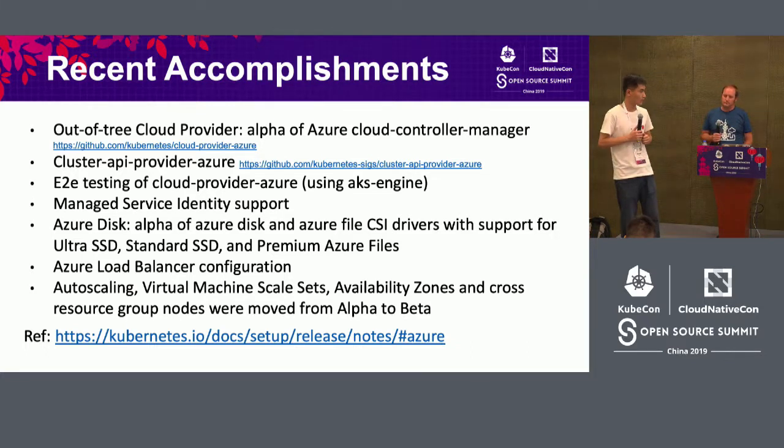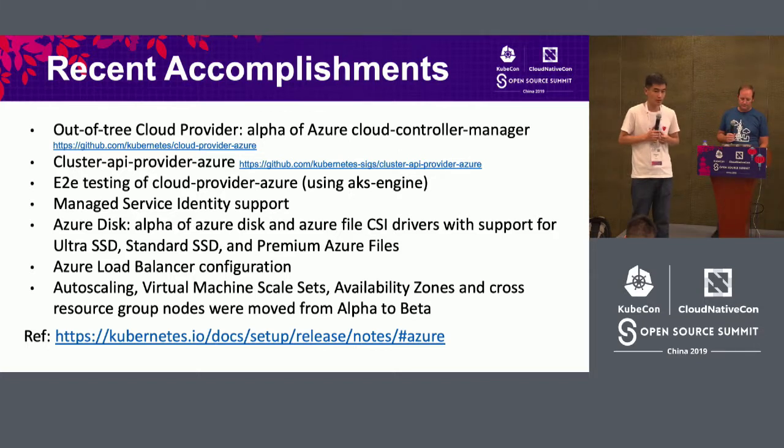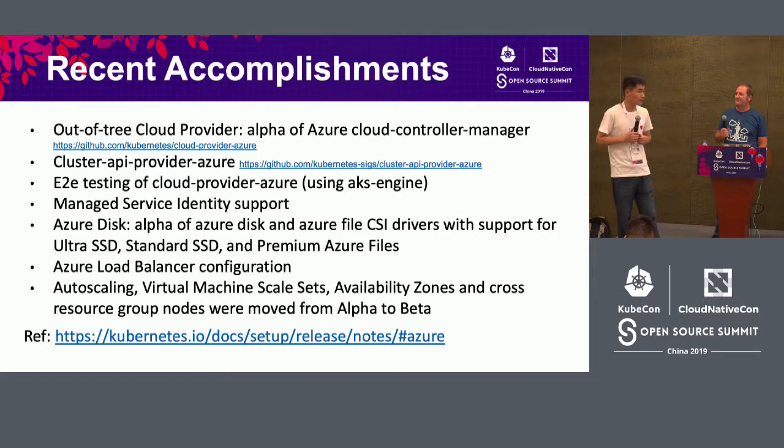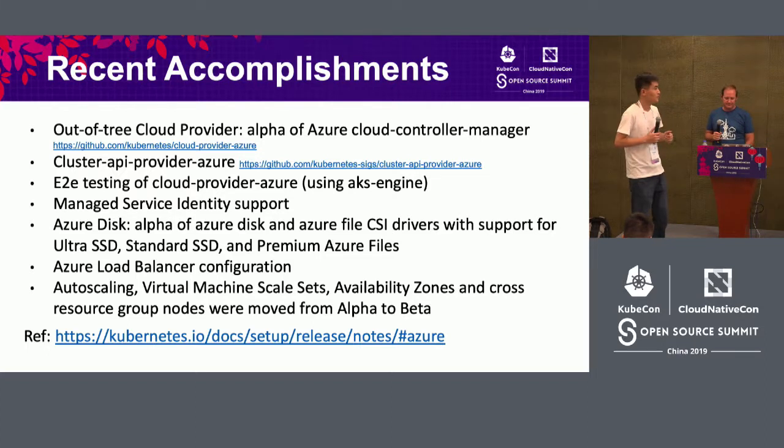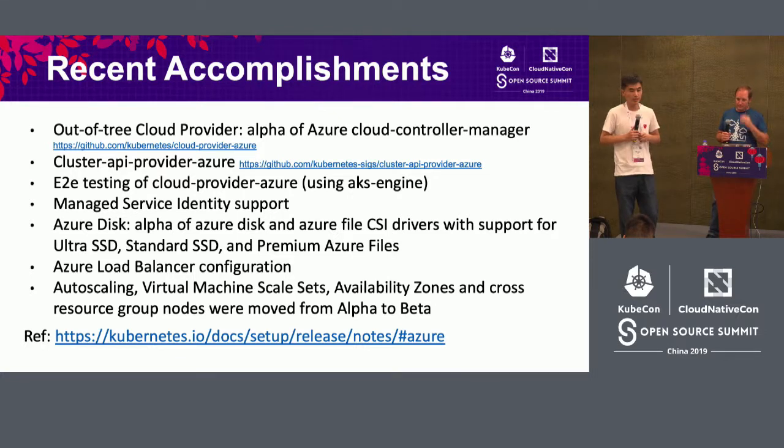Actually, for virtual machine scale sets and auto-scaling support, they have been GA, and it is also supported now in the AKS product. And if you want to check the recent updates, what we have done in the latest release, what bug fixes are there, you can check the Kubernetes release notes. Okay. Thanks.